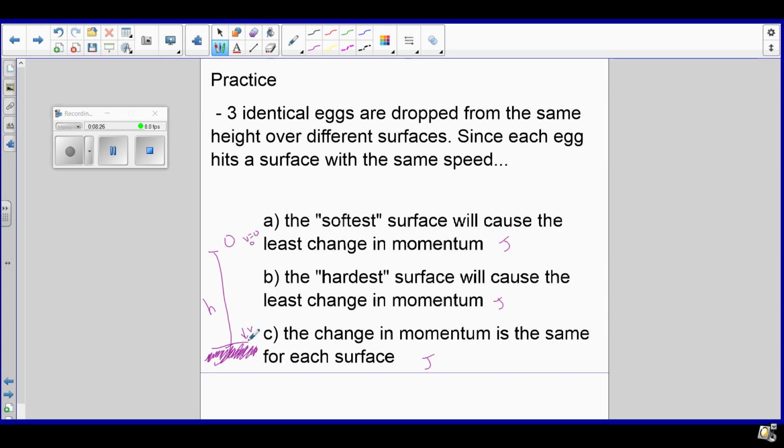You could figure out the speed that it hits the ground with, and then regardless of what surface it hits, the final velocity after the collision is 0. So what's interesting is regardless of the material that you use, the change in momentum is just going from some velocity to 0. And it would be exactly the same in all cases regardless of the material chosen.